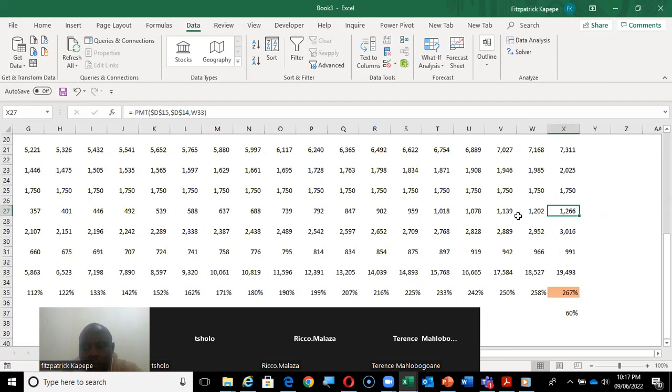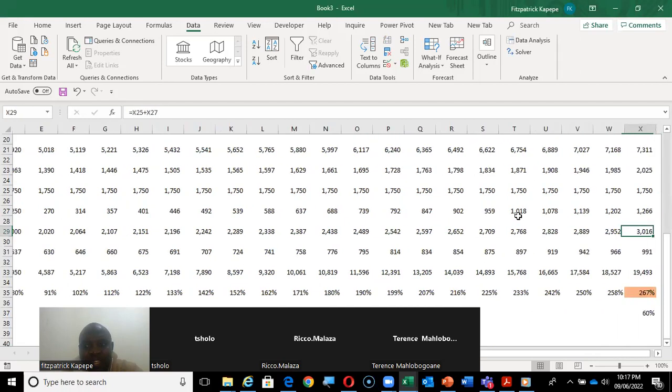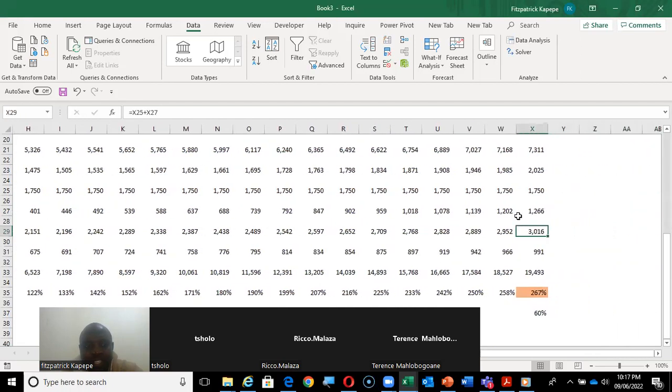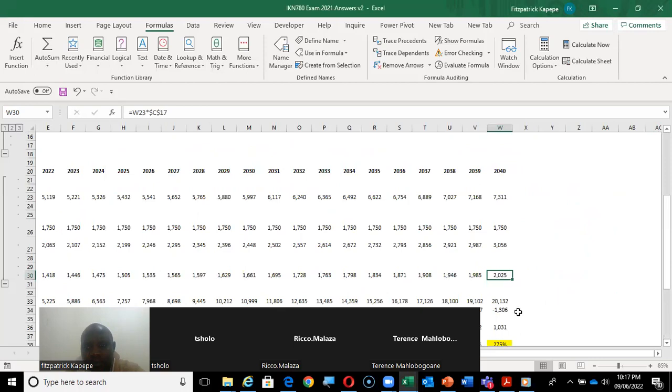After expenditure without debt payments, that 1,750, we have the expenditure included. So the expenditure in full, how much are you getting in 2014? Because in here it's 316. 3056.